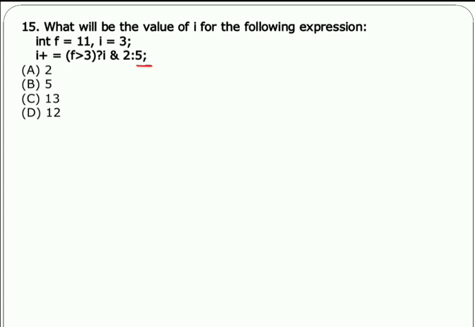So i & 2 will follow only if f value is greater than 3, and 5 will follow only if it is false. Here the f value is 11, which is greater than 3. 11 greater than 3 is true. So that's why the condition i & 2 will follow here. Okay. So now i += i & 2.